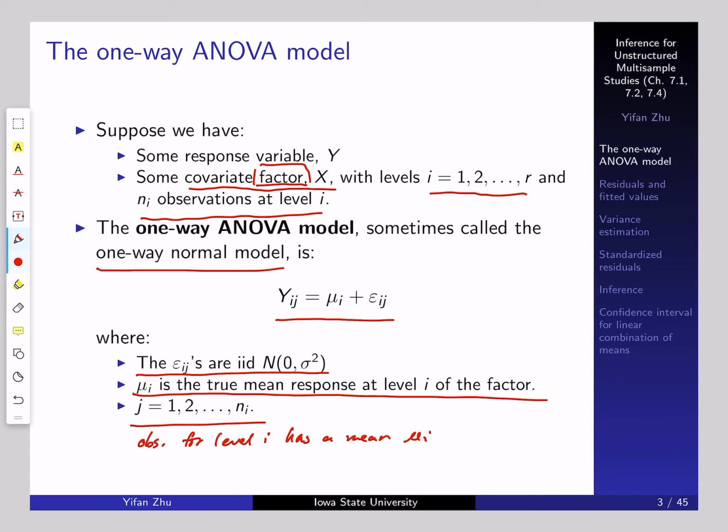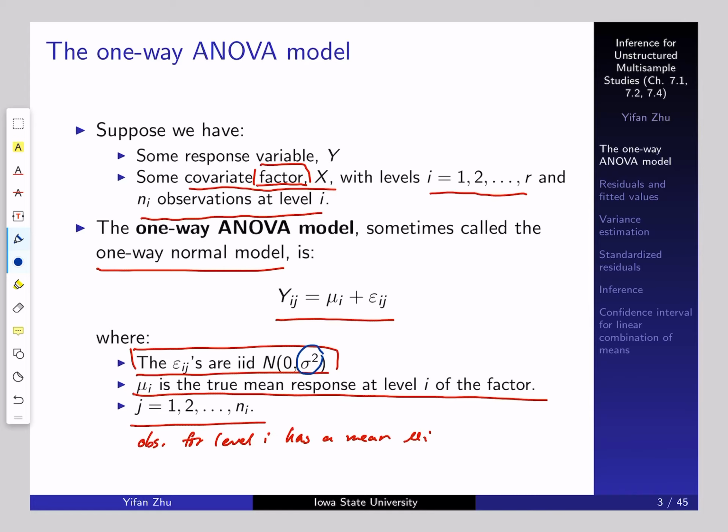Another important thing for the one-way model is the assumption that the error terms are all IID normal with mean 0 and variance sigma squared. Note that the variance for every level is the same, sigma squared.